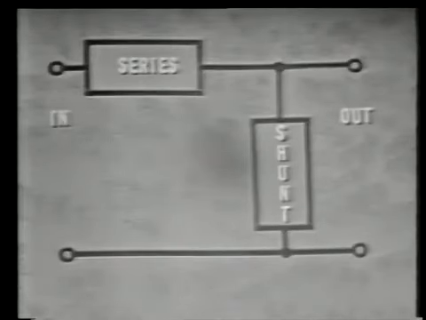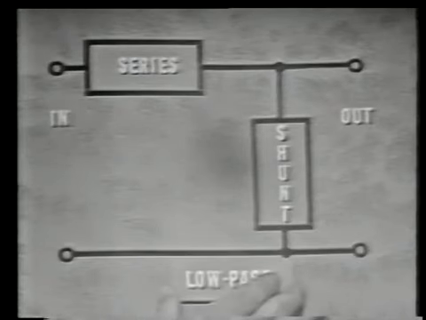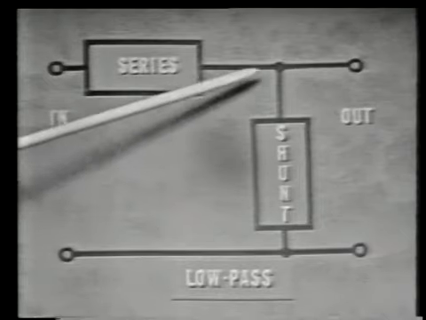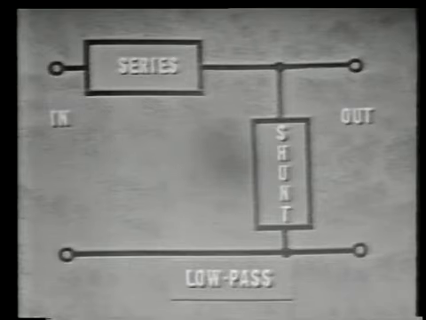The first filter action we will demonstrate is the passing of low frequencies and the rejecting of high frequencies. In other words, we'll have a low-pass filter. Now, from what we've previously established, in order for our circuit to pass low frequencies, the series opposition must be low at the low frequencies.